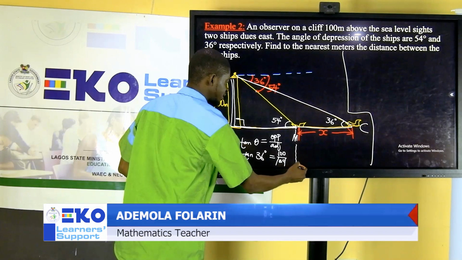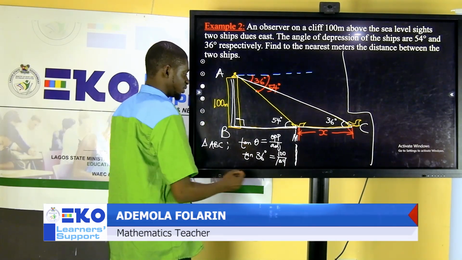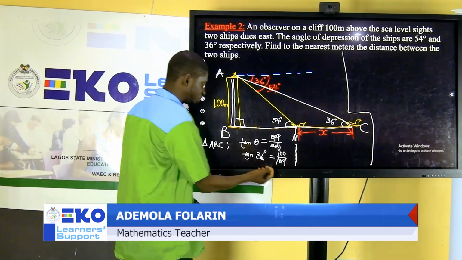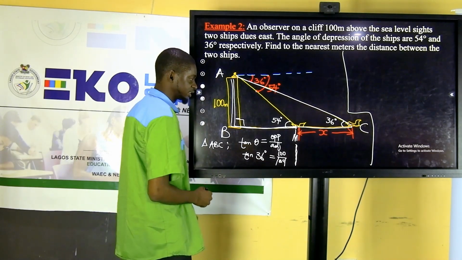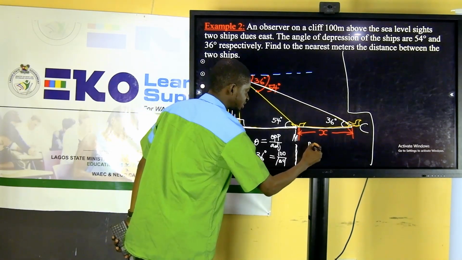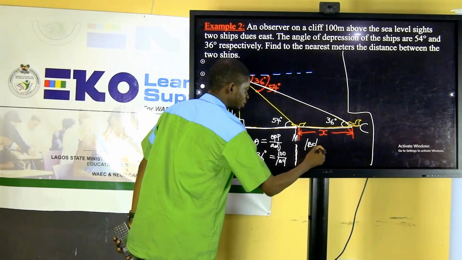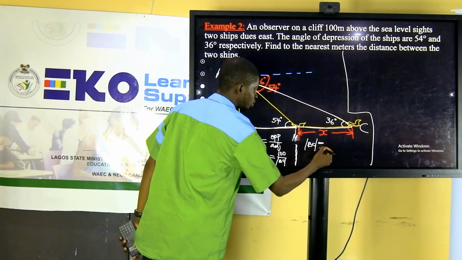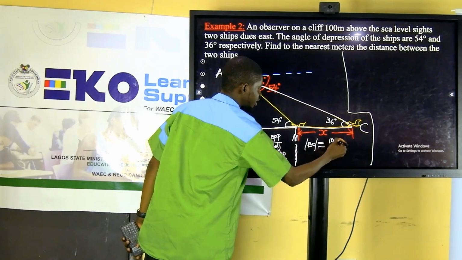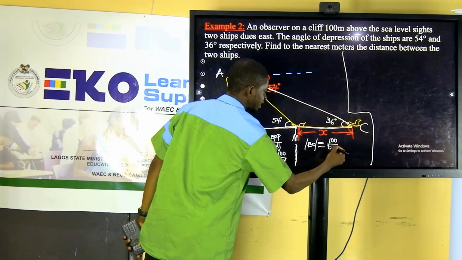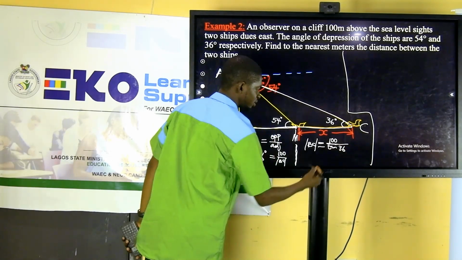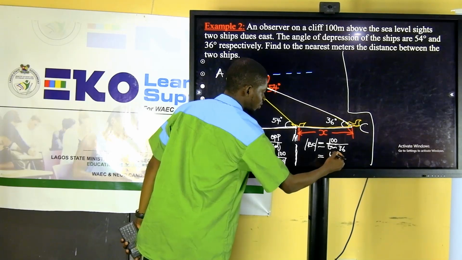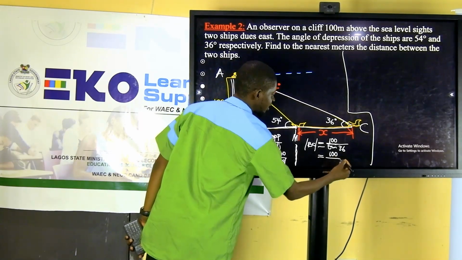Now, to get the side BC, we flip this. The BC comes to this side. We divide 100 by tan 36. That means side BC will be equals to 100 divided by tan 36 degrees.